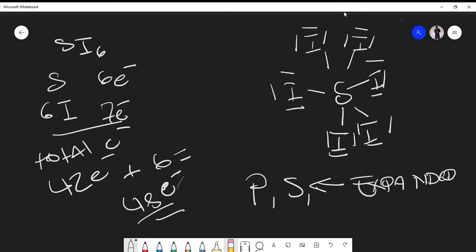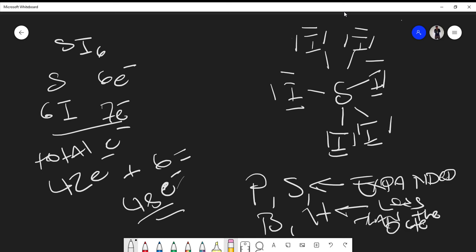And then we spoke about boron and hydrogen, not expanded, but less than the octet. So in your classes at this point, these are probably the 4 elements that you must know. These are exceptions to the rule. All right, and this is all we got.